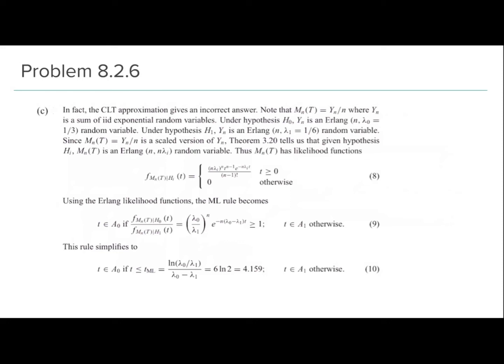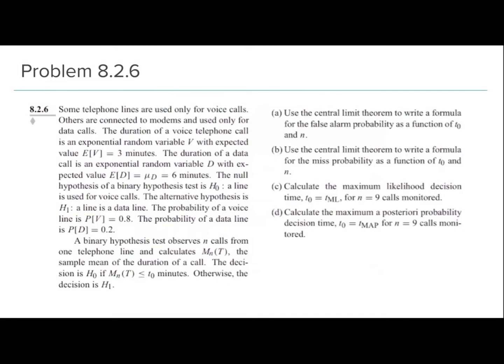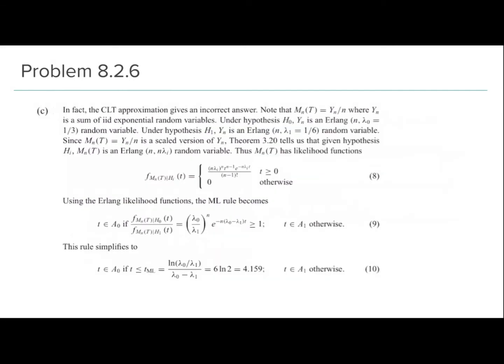We only know that Mn of t is the sample mean of the duration of call, and the duration of call is an exponential random variable, right? So Mn of t can be written as some random variable Yn over n, where Yn is the sum of independent and identically distributed exponential random variables.